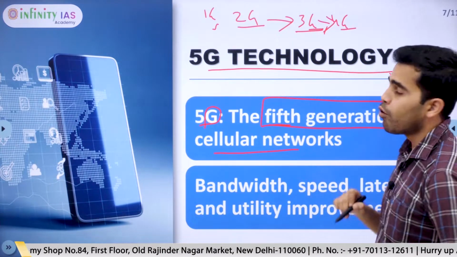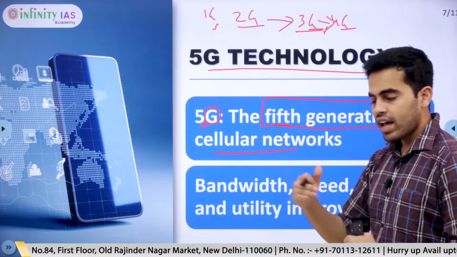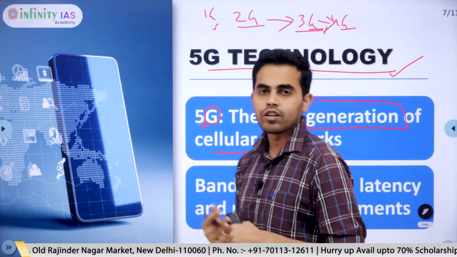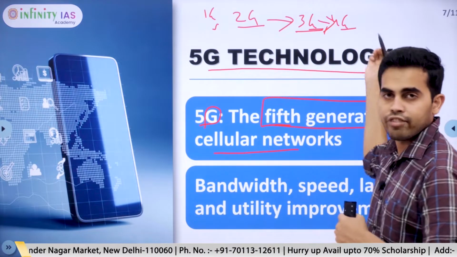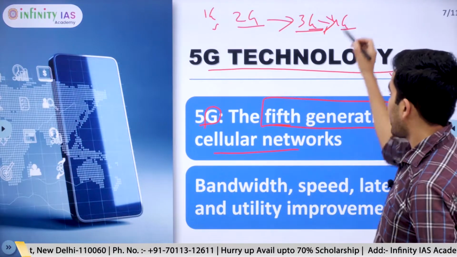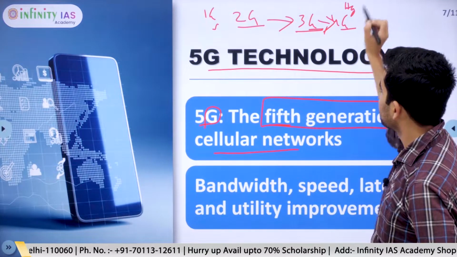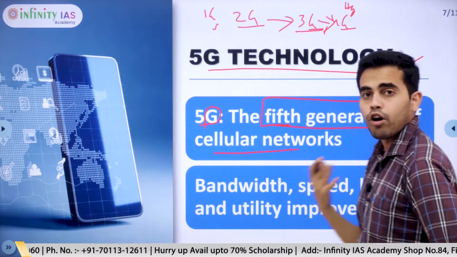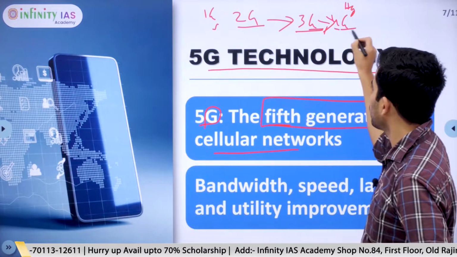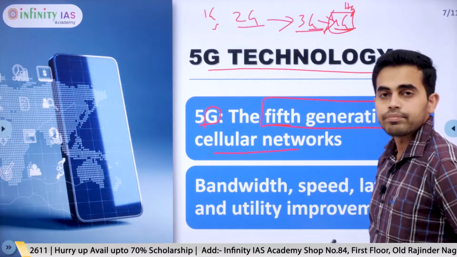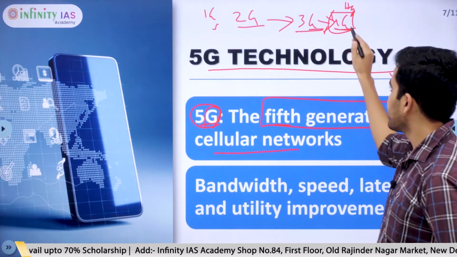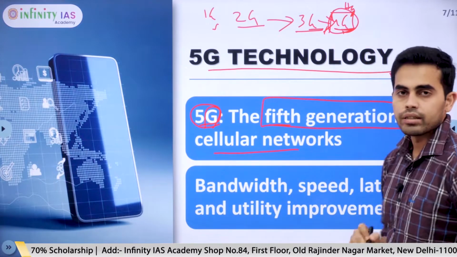Next came 4G, fourth generation. As the improvement goes on, we will call it the next generation technology, that is 4G and 5G. So 4G, which we are currently using, has high internet speeds, and we are even watching TV on our mobiles. That is all because of the fourth generation technology. Now 5G is coming and this has certain improvements over 4G.